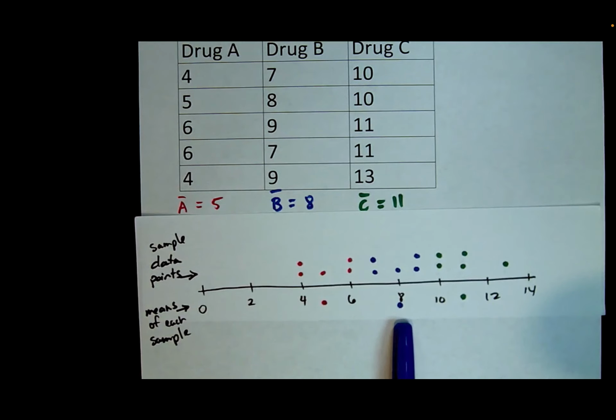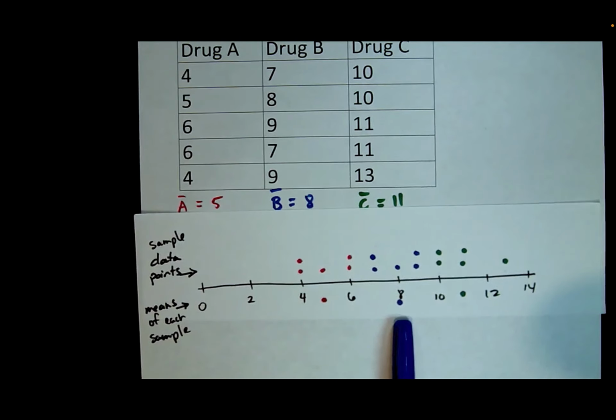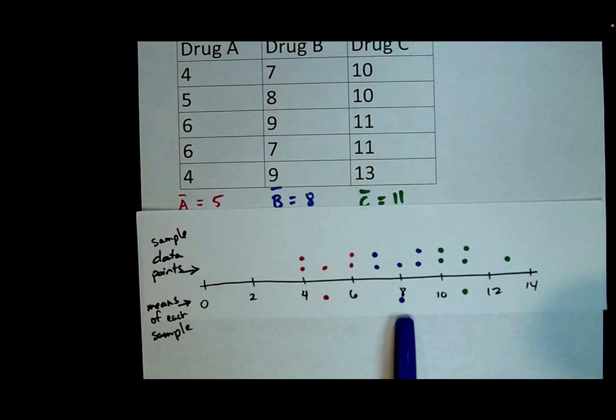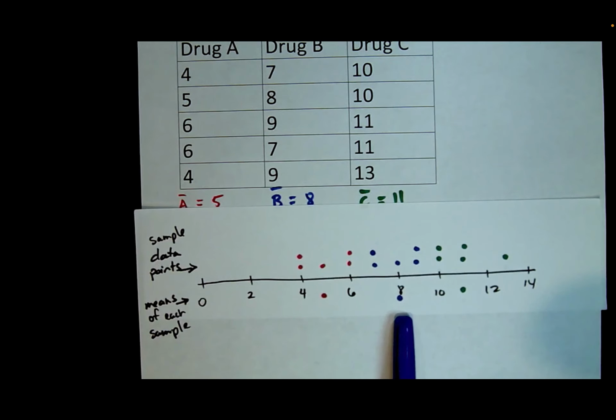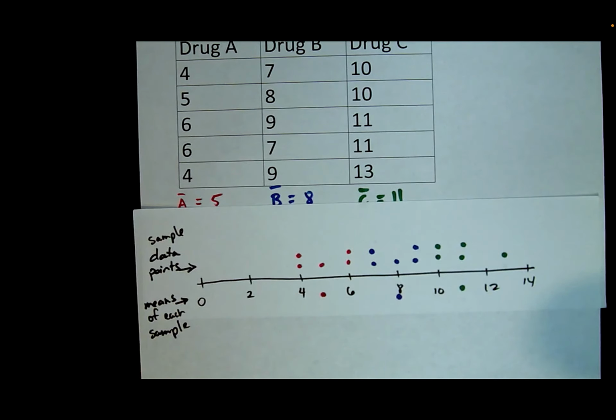And again, we're hoping our samples are reasonably good representations of the populations. That's always a big issue. If your sample's not a good representation of the population, then the results you get with the sample are not going to be good. But we're hoping that these are good representations. And if they are, then it's pretty clear that these are three very different populations that would naturally have different means.